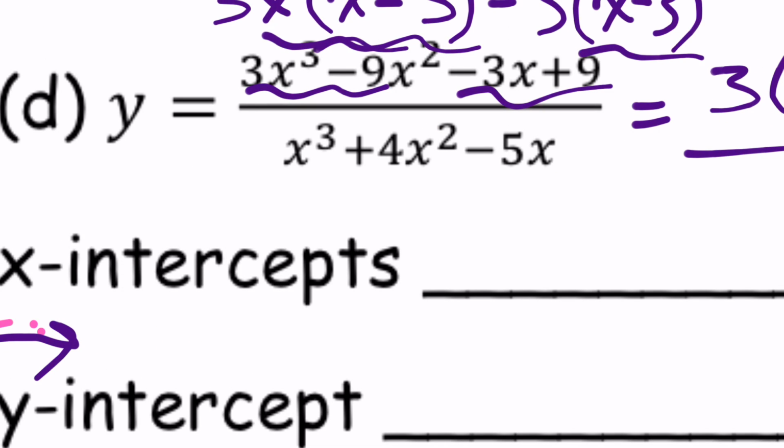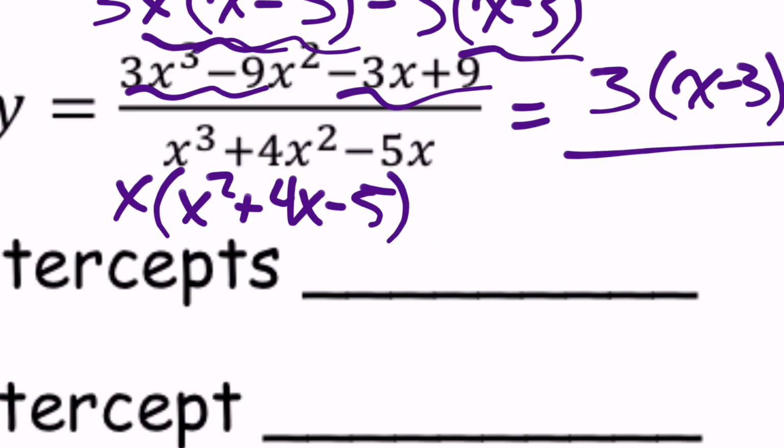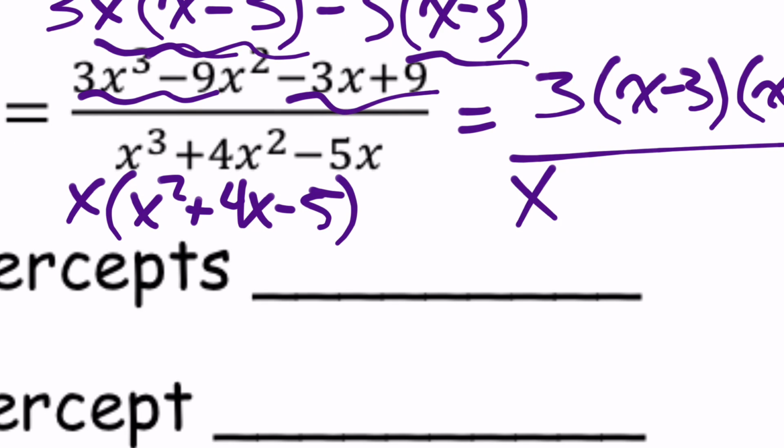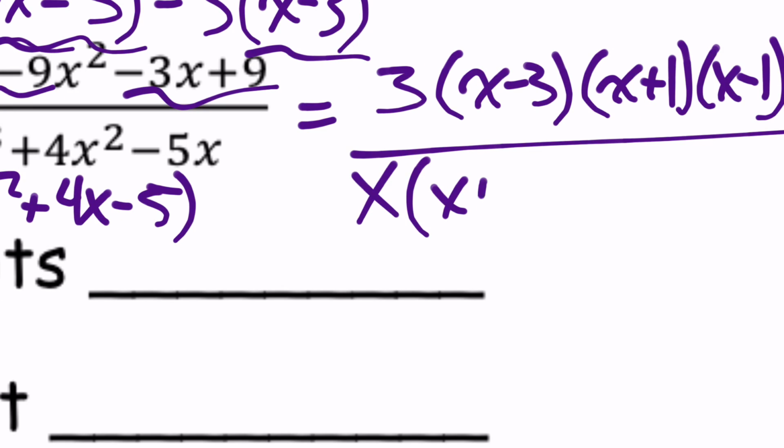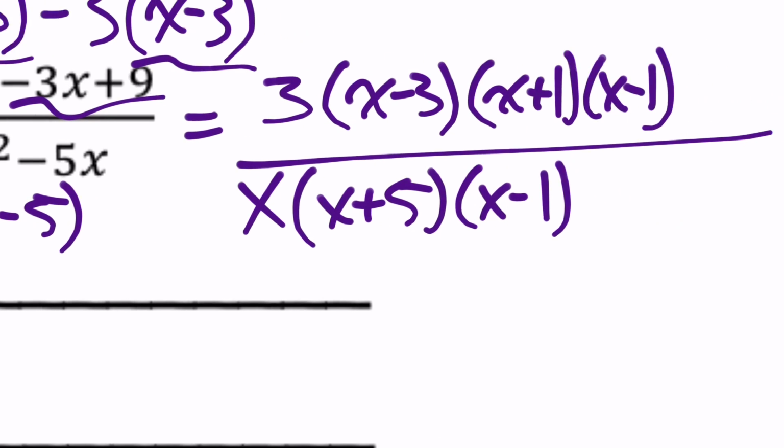Well, all of those have an x in them, so we should pull that out. What's left? X squared plus 4x minus 5, which is a quadratic that you can factor. So a power of x down there. Two numbers that multiply to negative 5 and add to 4 are going to be positive 5 and negative 1. So x plus 5 and an x minus 1. So that's what we get.